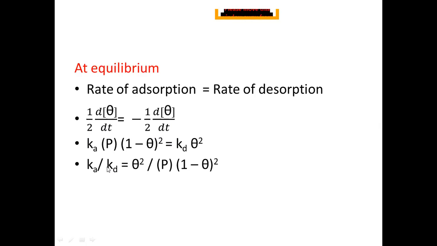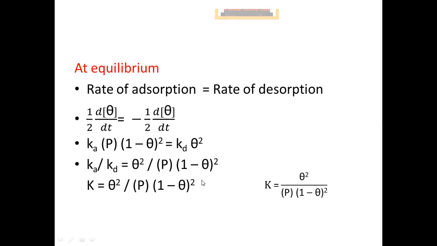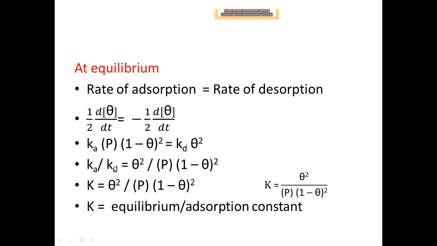So by rearrangement of the equation, just moving kd over to this side and p times 1 minus theta square over to this side, the equation becomes this. This is just the rearrangement of the equation, and after this, ka over kd is the equilibrium or the adsorption constant.